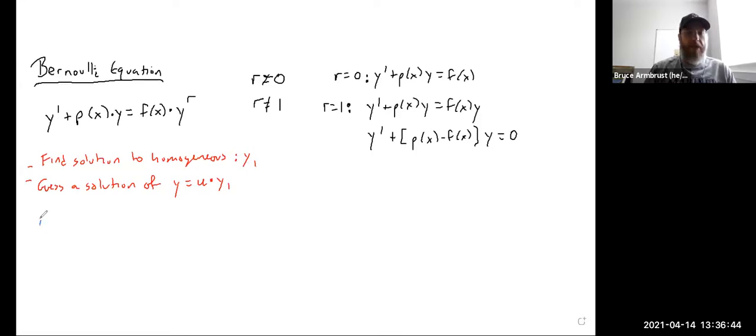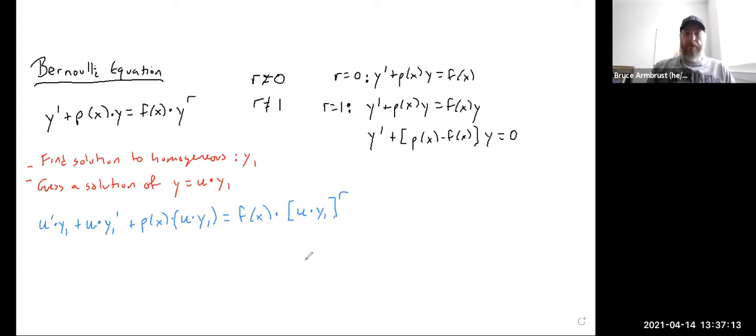So y prime is going to be u prime times y1 plus u times y1 prime. And then we're going to get plus p of x times u times y1. And that's going to equal f of x times u times y1 to the r. All right, so now let's distribute a little bit, group things.